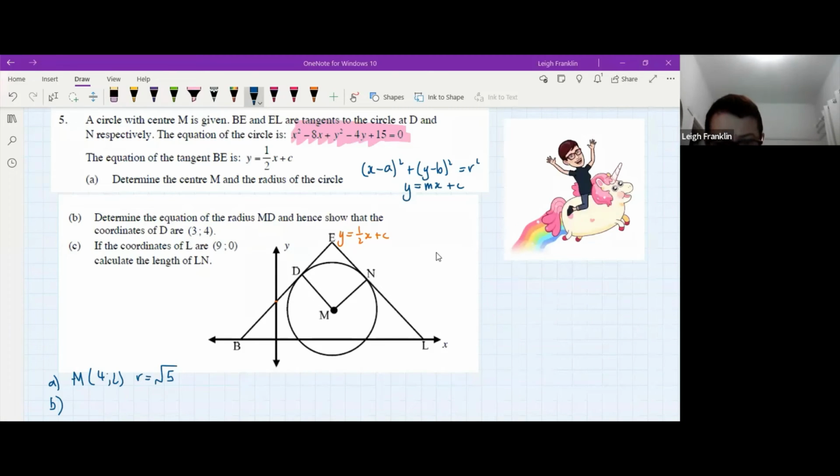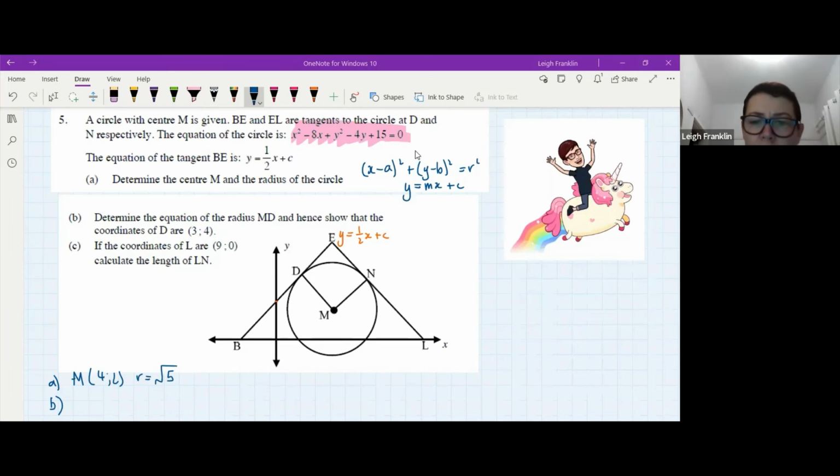How's it going, Matrix? Have you managed to work out the equation of radius MD? Okay, so Cassandra, it's the equation of a straight line.